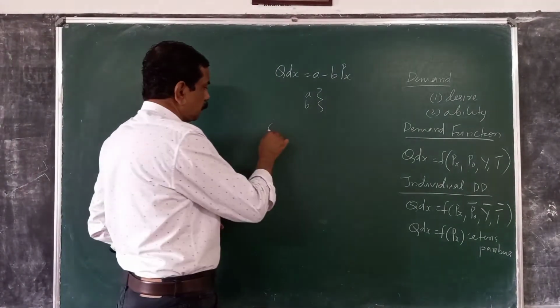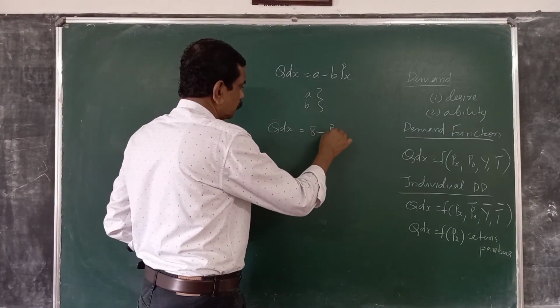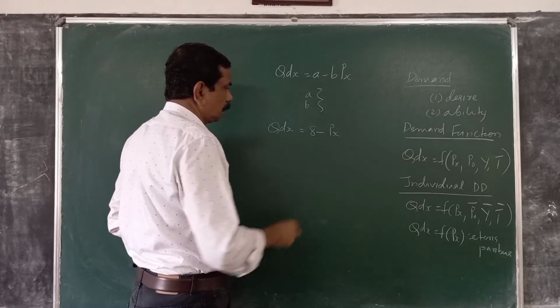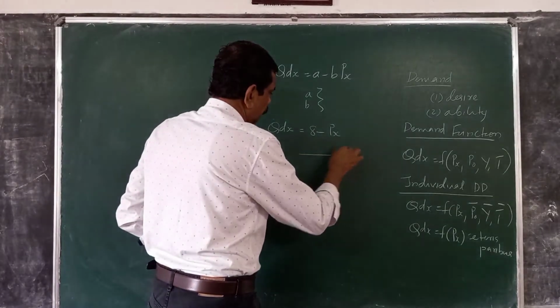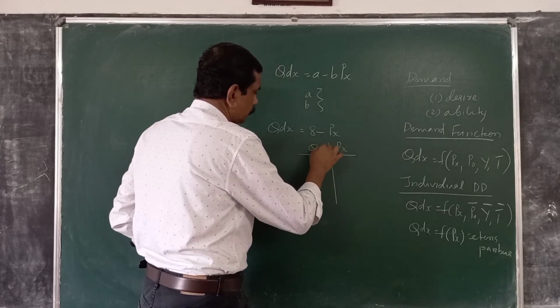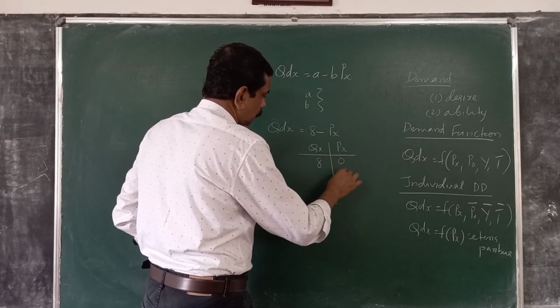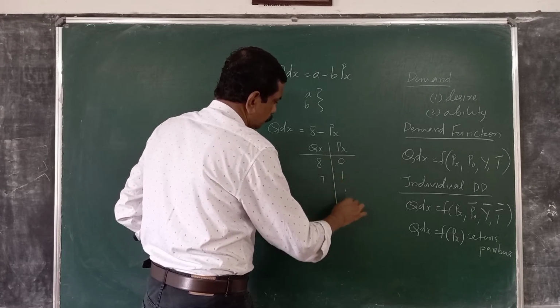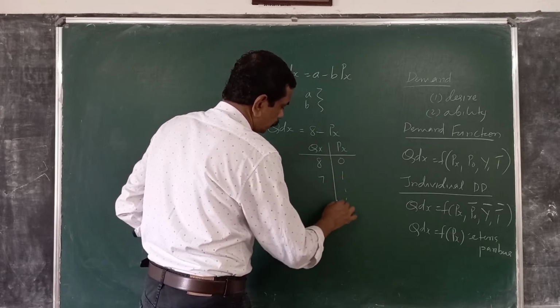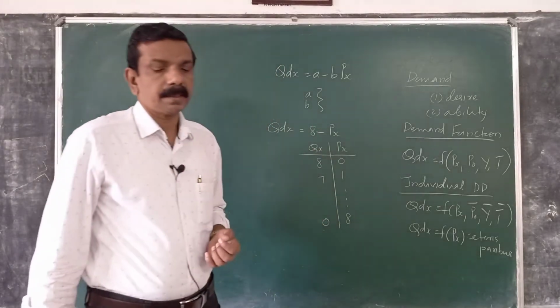As an example, consider Qdx equals 8 minus Px. By assigning values to Px, 0 gives 8, 1 gives 7, and so on until 8 gives 0. This is an individual demand schedule.